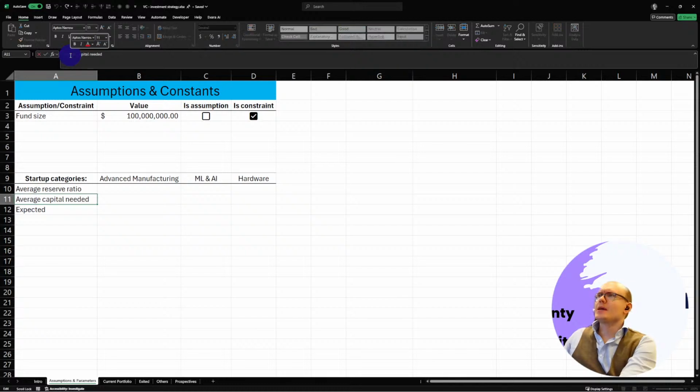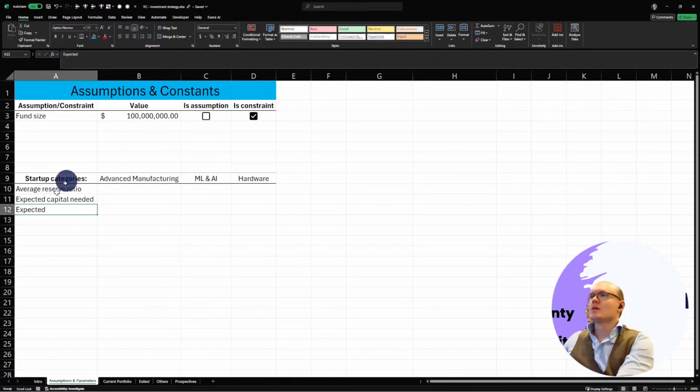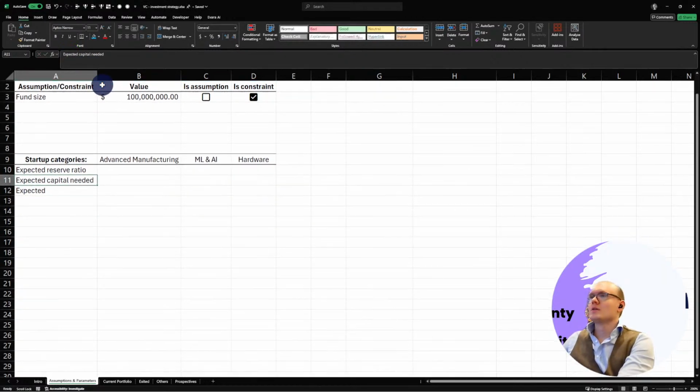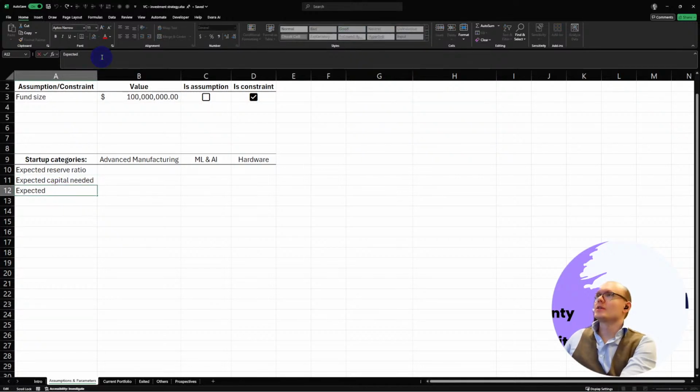That might be a slightly better way of doing this. And this is really annoying that it doesn't work. So call this expected reserve ratio, expected capital needed, and the expected return.